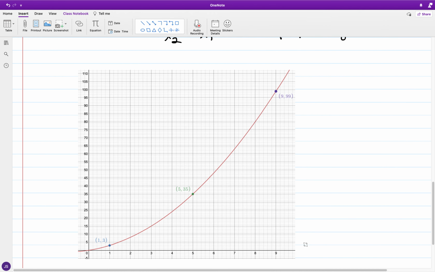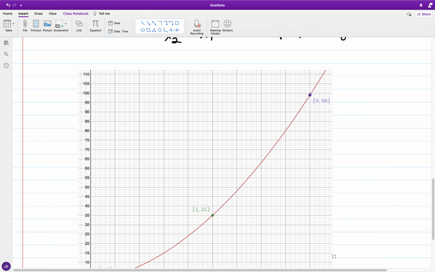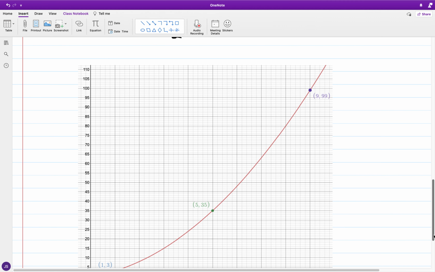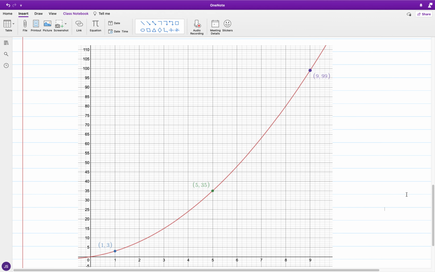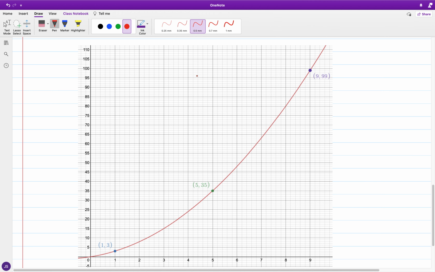I had this graph in store. So for that curve which we have in red, this is in reference to y equals f of x equals x squared plus 2x.